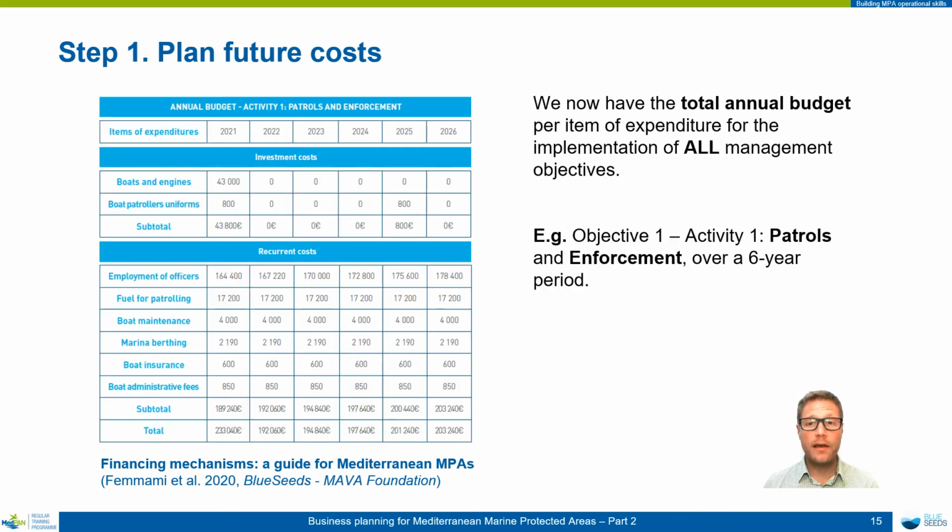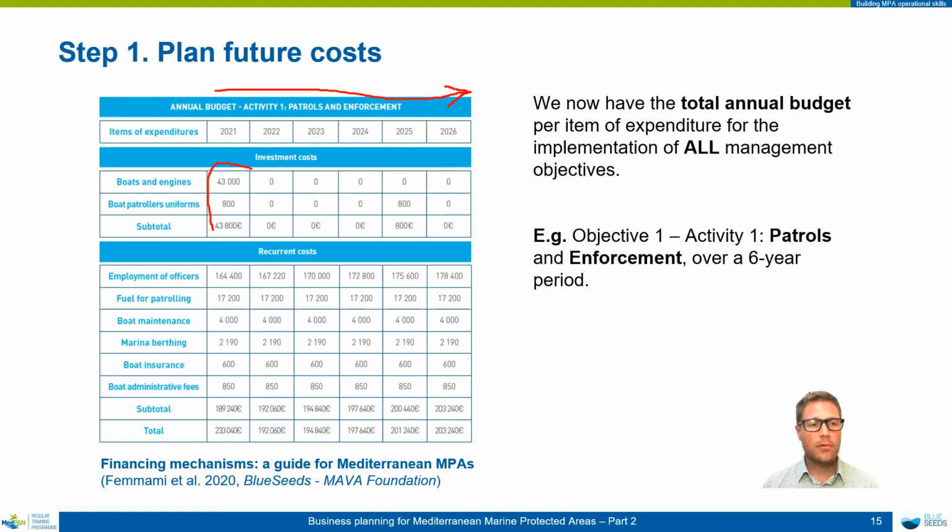So we have now obtained the total annual budget per item of expenditure for the implementation of all management objectives. Now, in the example mentioned earlier of patrols and enforcement, what we now have is the costs per year over the time frame of our entire management plan. And we do notice some characteristics.